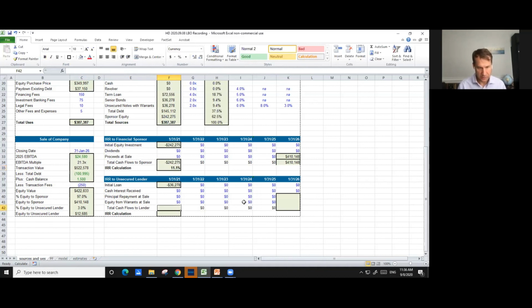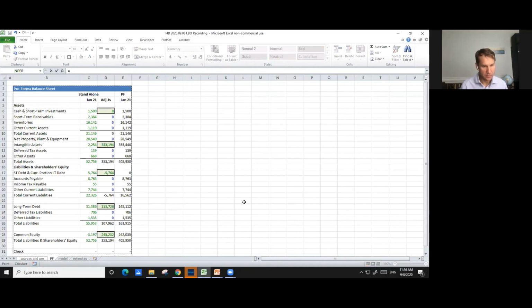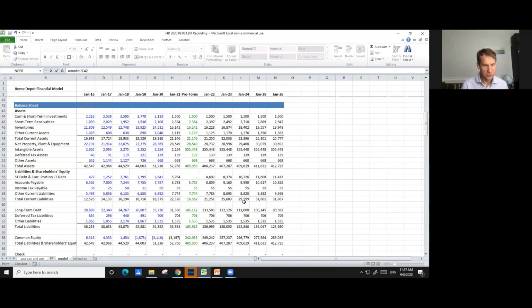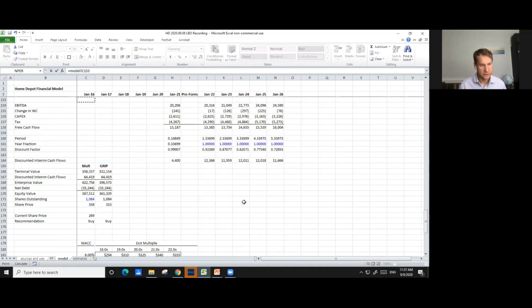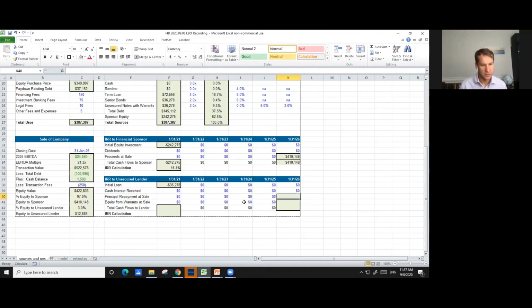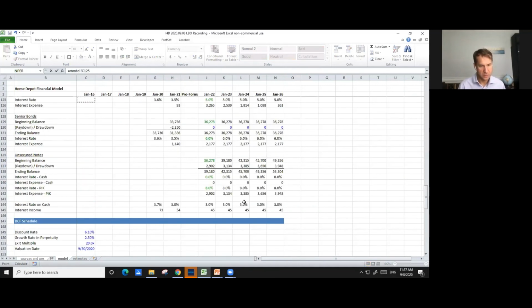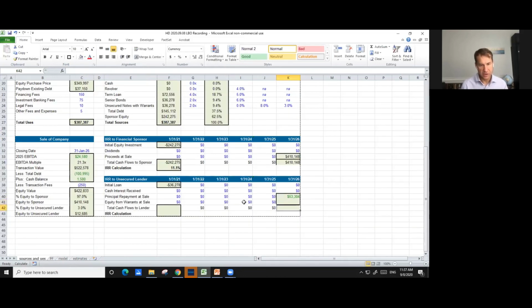For the lender, on exit, they will have the principal of their debt back. We'll go to the model and find unsecured notes. So with accumulated interest, they'll get 53 billion back.